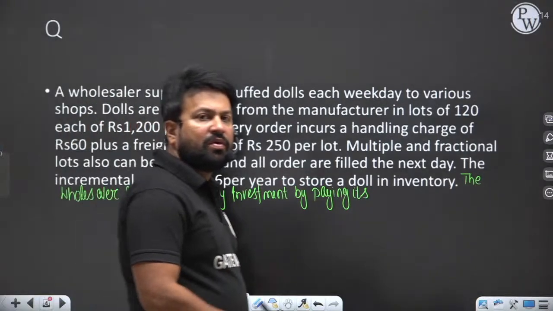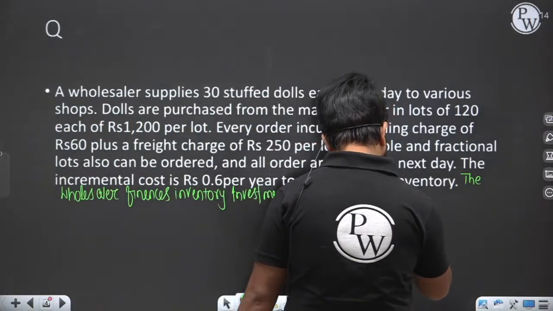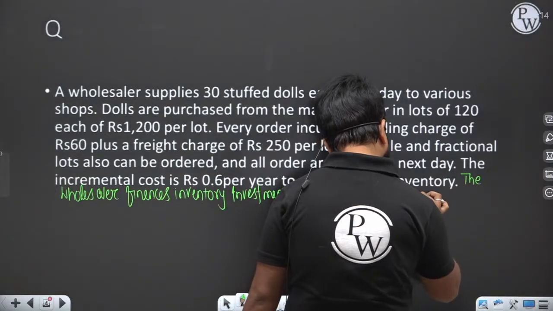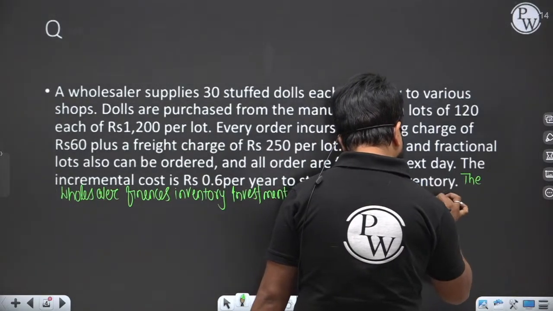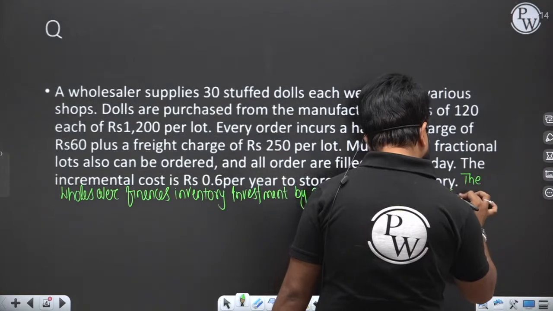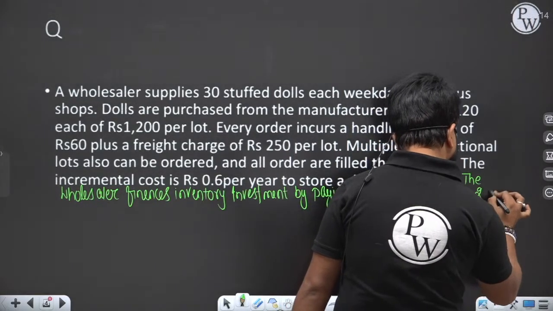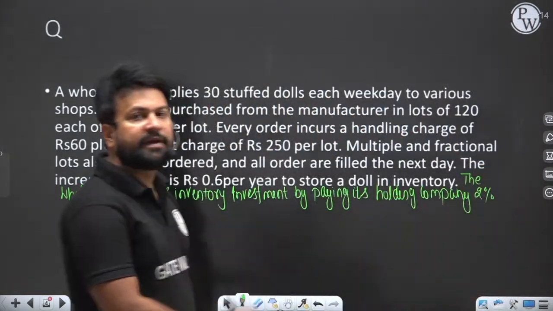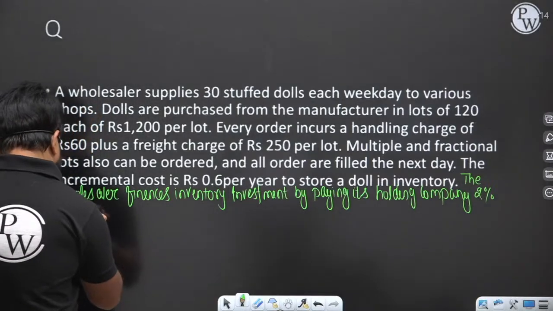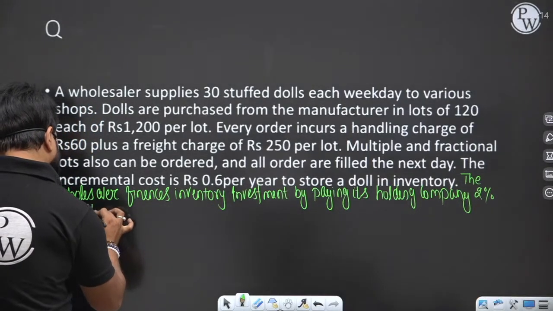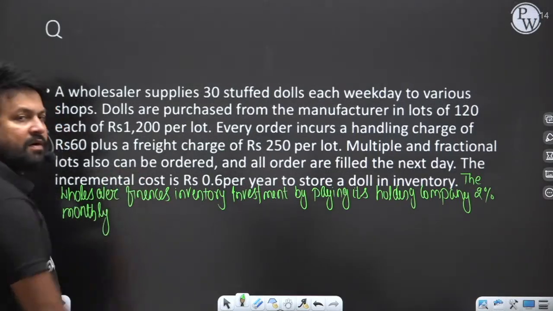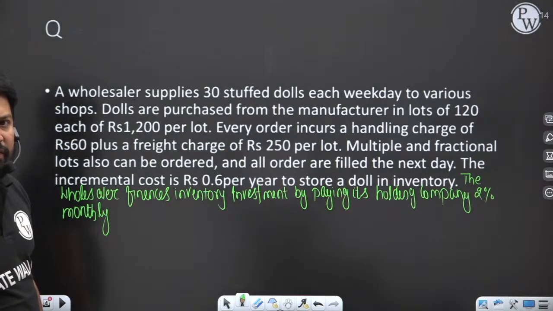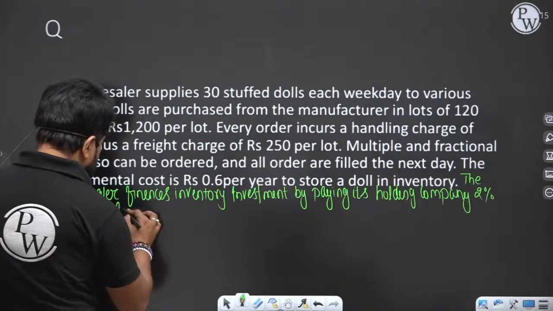holding company 2% monthly for borrowed funds.